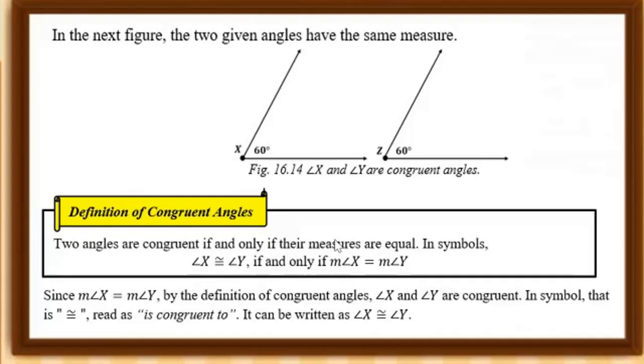In symbol, we have angle X is congruent to angle Y if and only if the measure of angle X is equal to the measure of angle Y. Since the measure of angle X is equal to the measure of angle Y, by the definition of congruent angles, angle X and angle Y are congruent. In this symbol, we can read it as "is congruent to." It can be written as angle X is congruent to angle Y.